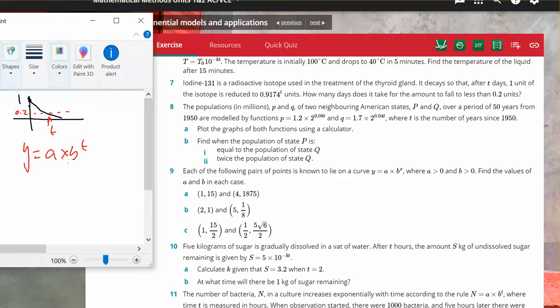That's our base case model. Now I know my a is going to be 1, and 1 times anything is just that thing, times the base they've given you, 0.9174, to the power t. You just try to find when the equation equals 0.2. So let's see when that happens.